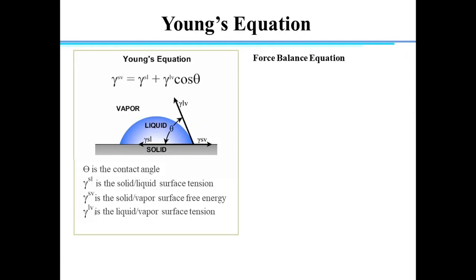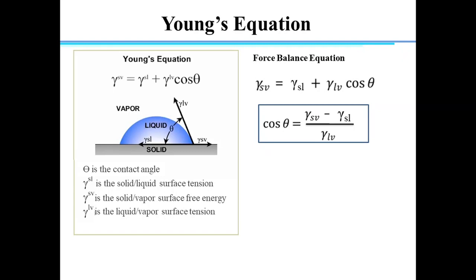That means the leftward force is going to be equal to the rightward force. So, the surface tension of solid vapor is going to be equal to liquid vapor plus liquid solid cos theta. So, cos theta is equal to the difference in surface tension of solid vapor minus liquid solid, divided by liquid vapor.